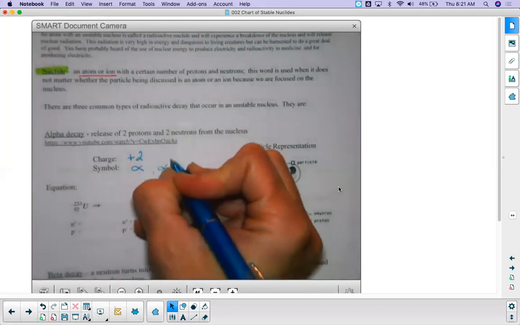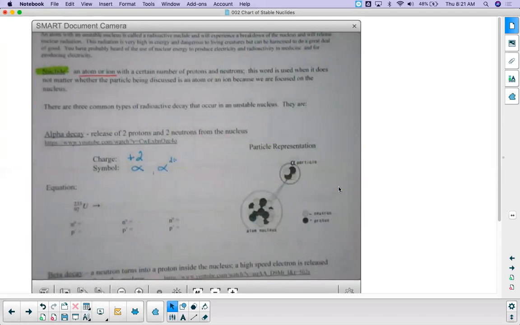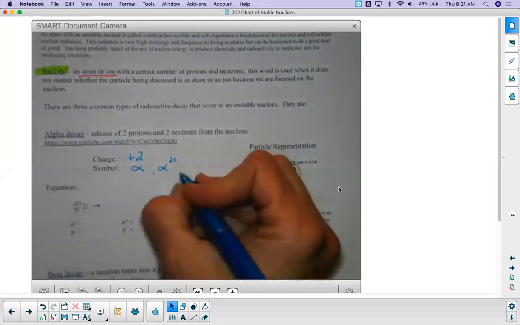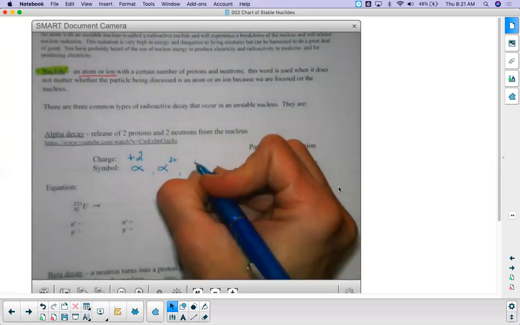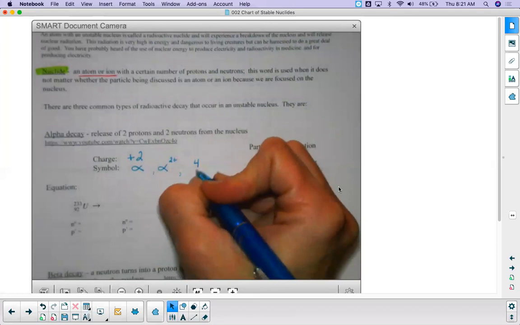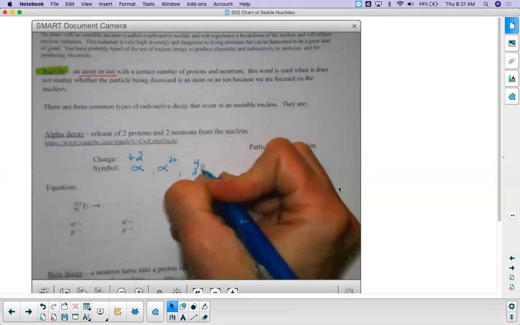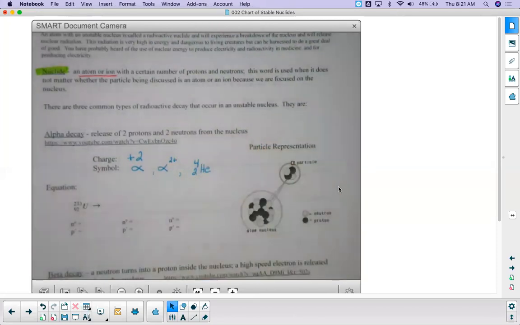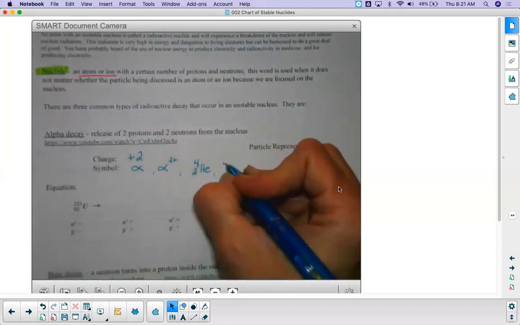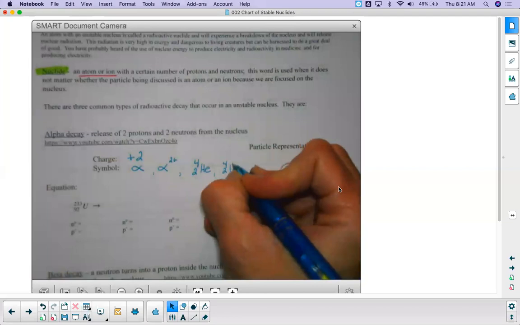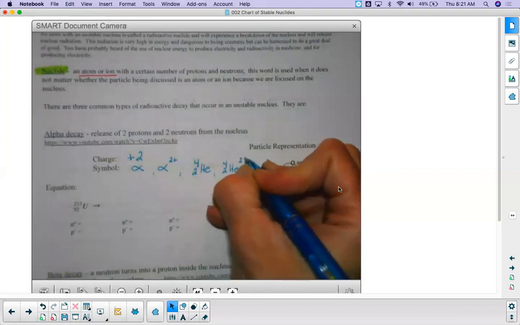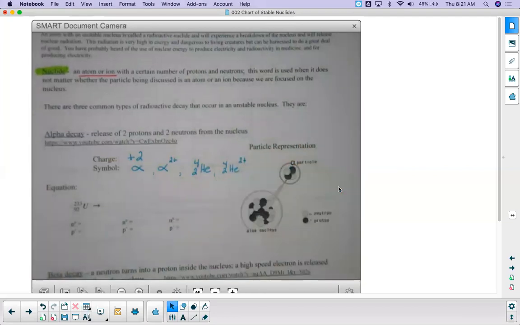Sometimes you will see it done with its charge, alpha 2 positive. You will see it done as a helium nucleus, because that's really what it is, the nucleus of a helium atom. And you will see it done as 4,2 helium with that positive 2 charge up there.